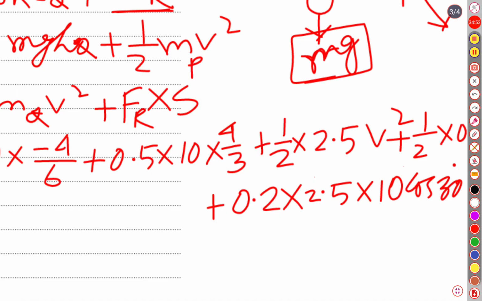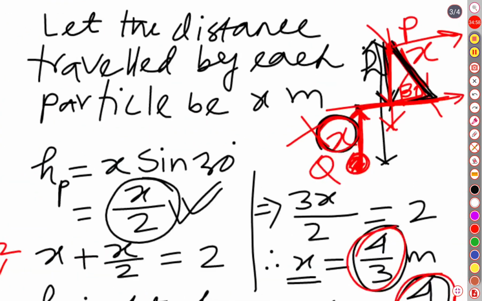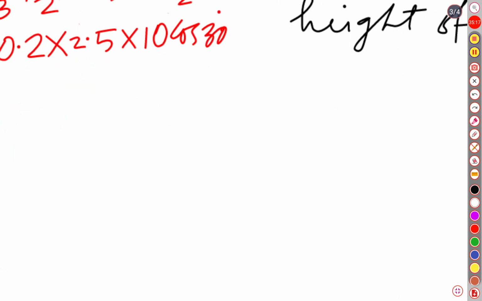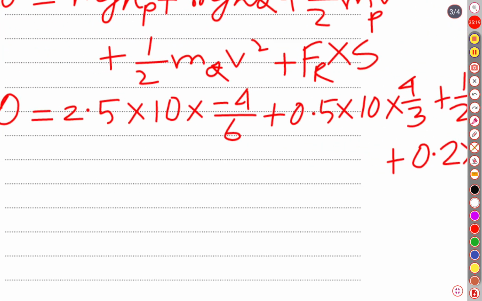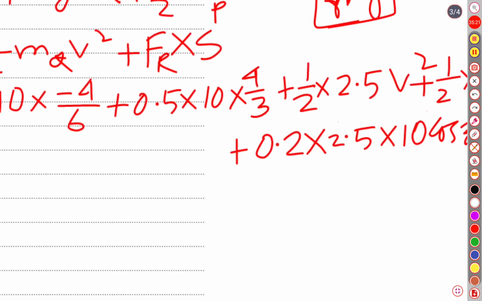Where have we got this 30 from? Let me show. Look, here the angle is actually 30 degrees. This is our angle, and our force is acting this way. From the previous figure you can get it more clarified. Well, we have written all of the components.